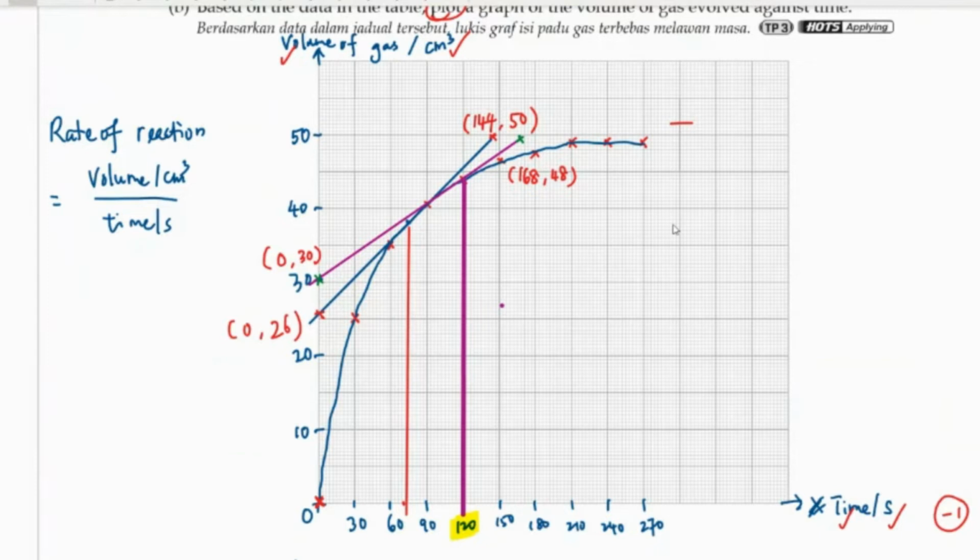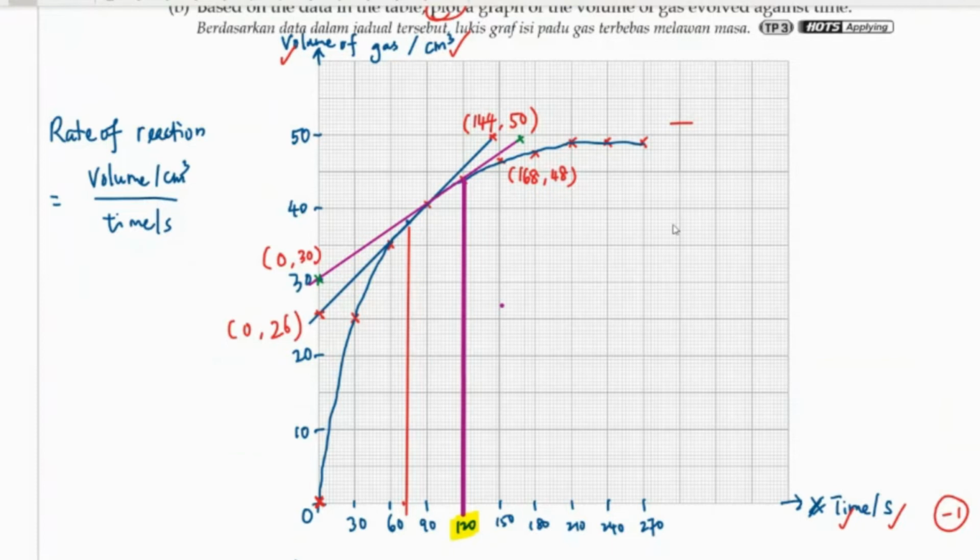Let's say at 30 seconds, you see the gradient is steeper compared to 180 seconds. This one, the gradient is not that steep already, so here the rate of reaction is higher, and this one the rate of reaction is lower, based on the gradient.